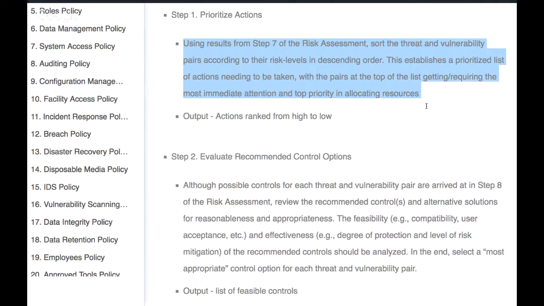So basically the one with the highest score will be at the top, obviously, highest risk items. And we take the topmost item first and assign resources to fix or mitigate the risk. Output is actions ranked from high to low. Okay.